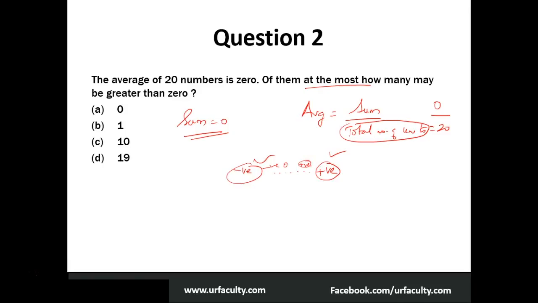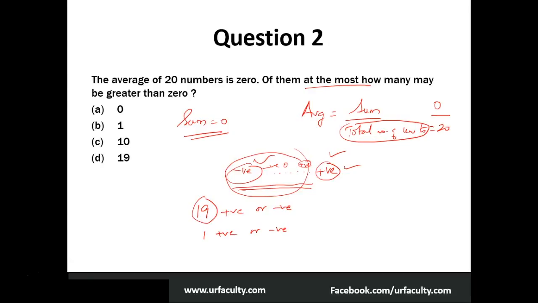In that case, it is quite possible that all the numbers are either negative or 0 except for one number that cancels out the rest of the values. So it's quite possible that 19 numbers are positive or negative, and one number can be positive or negative.